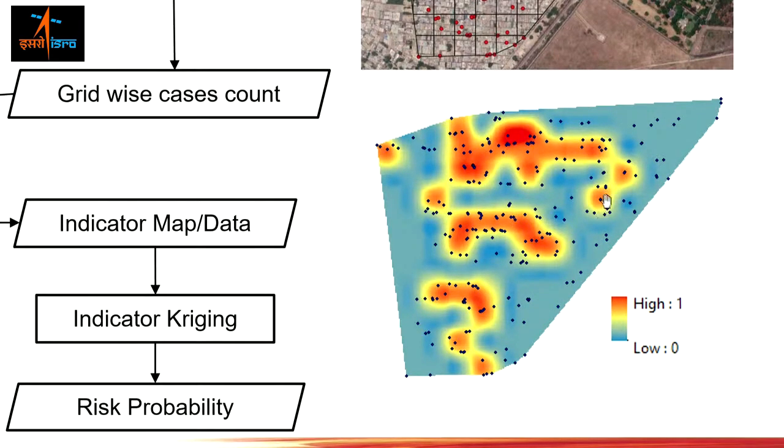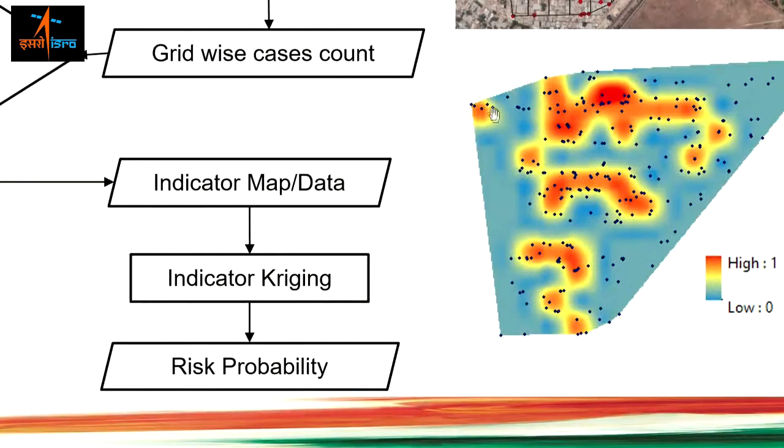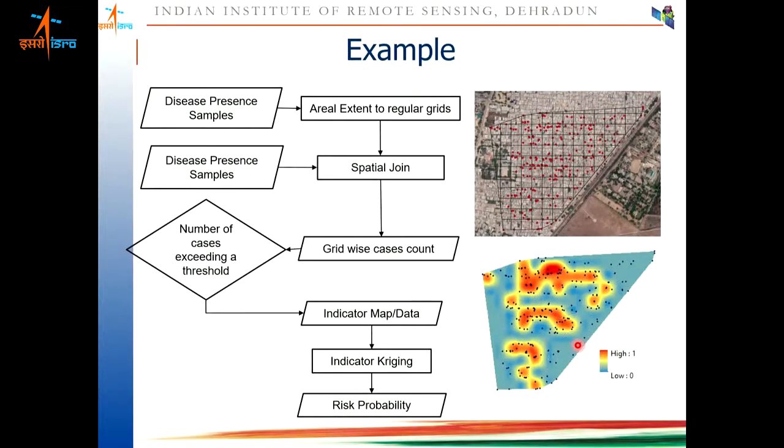And here you can see this region has only one point, only one patient, but still this region is marked as high risk, high probability, because this region is surrounded by so many points. And similar is the case here, so you can interpret this output in this way.